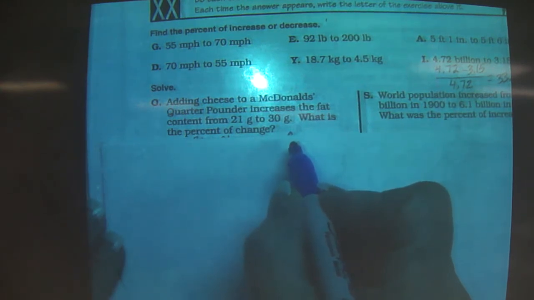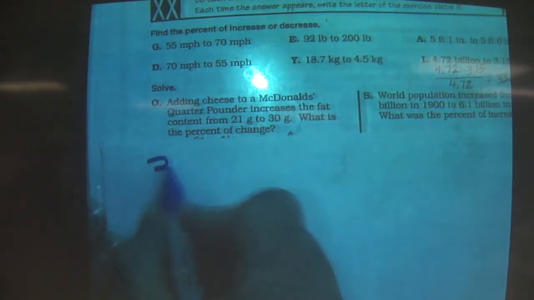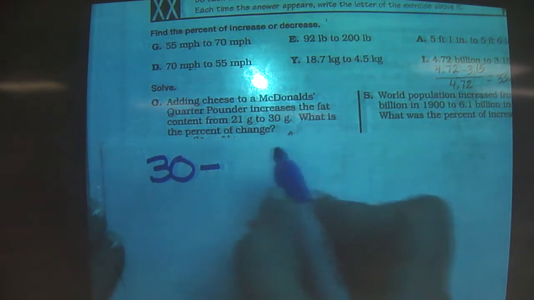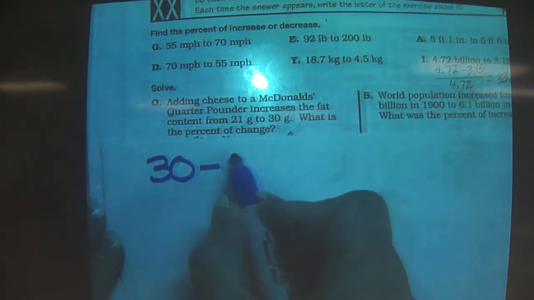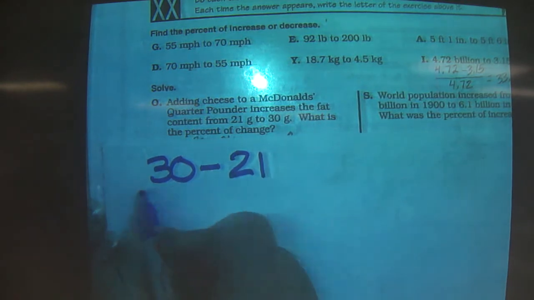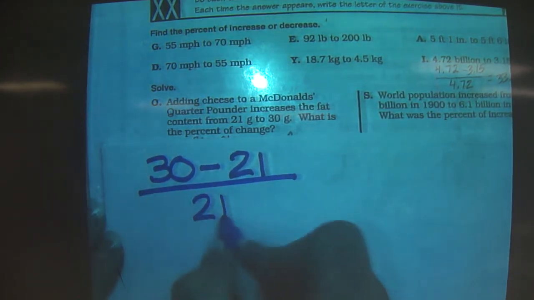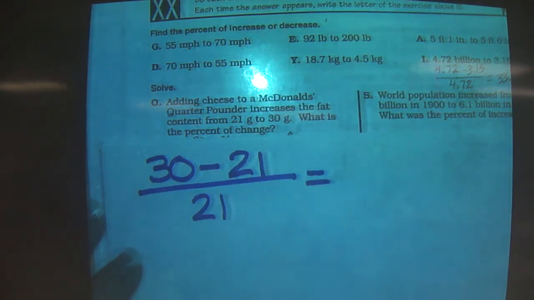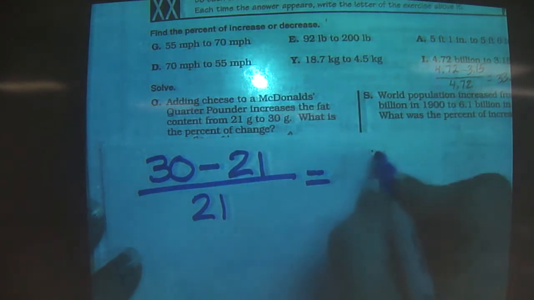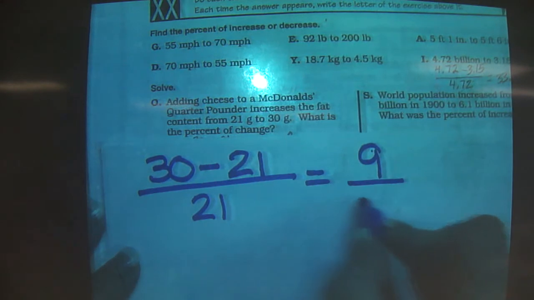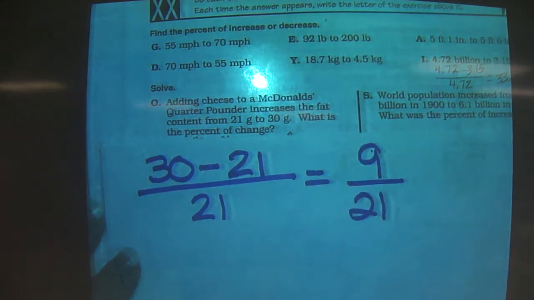What's the big number? 30 minus the little number? 21. What was the first number? How did it start? 21. So 30 minus 21 is what? 9 over 21.